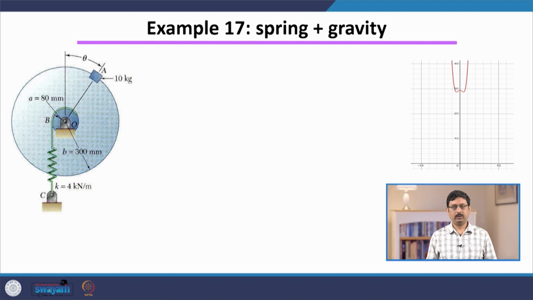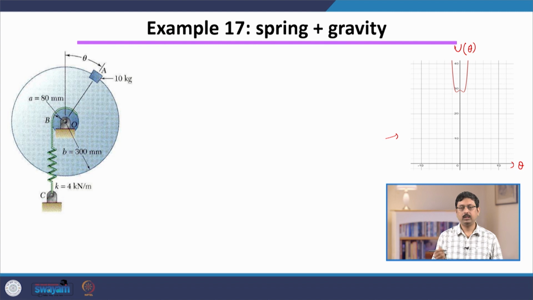Our approach is the energy diagram approach. We are going to construct an energy diagram, which I have shown in this picture here. This is the energy profile, U is the total potential energy, and this is our angle theta.